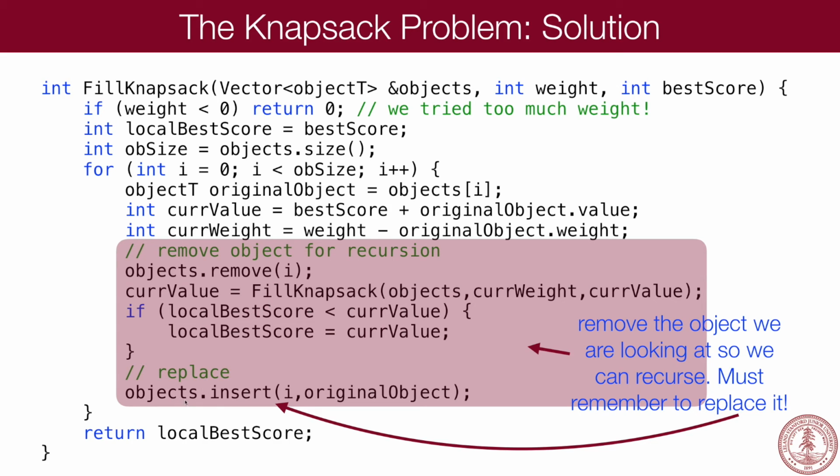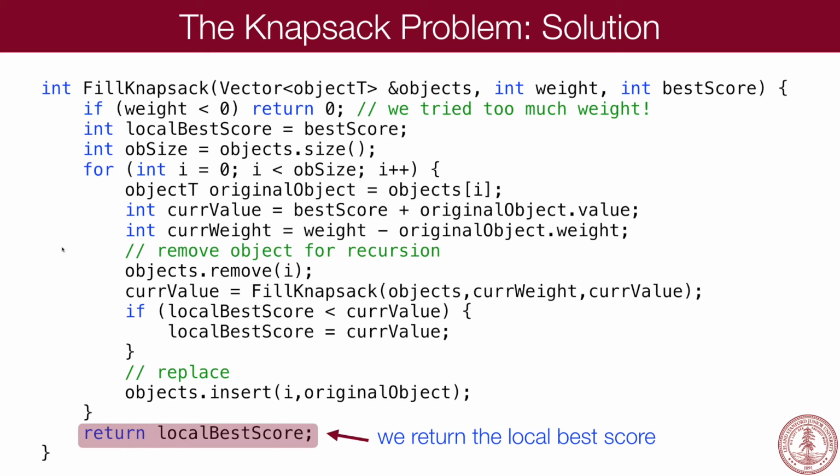All right, this part's important. Replace the object back in for the follow-on loop. And then finally, after all of this looping, we're going to have some local best score, which we're going to return to the calling function.